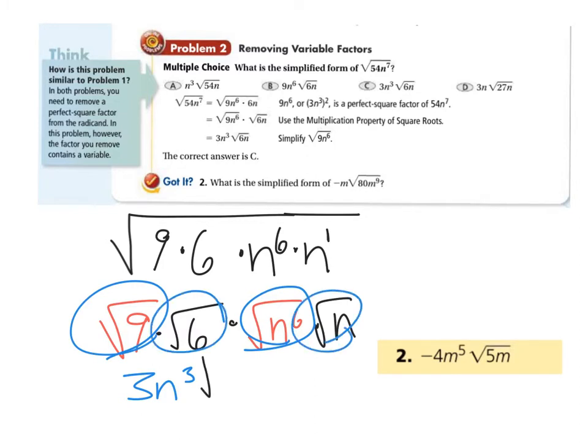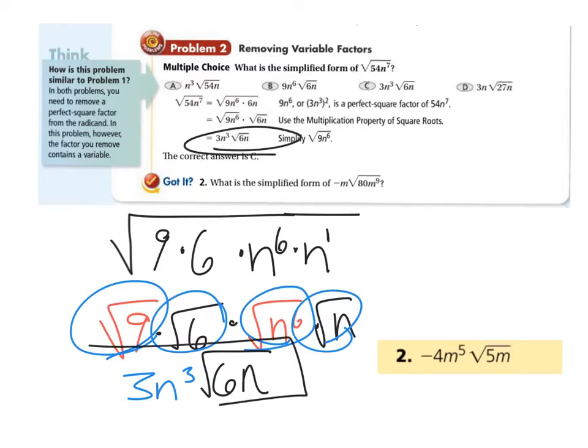So that's going to give us 6n on the inside. So 3n cubed times the square root of 6n. That is the simplified form of this. Now it looks crazier and worse than what we started with, but it truly is simpler if you go back and look at all of our rules.